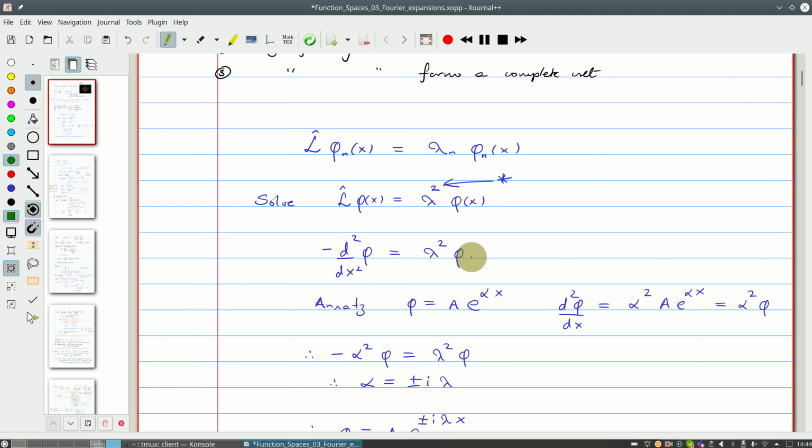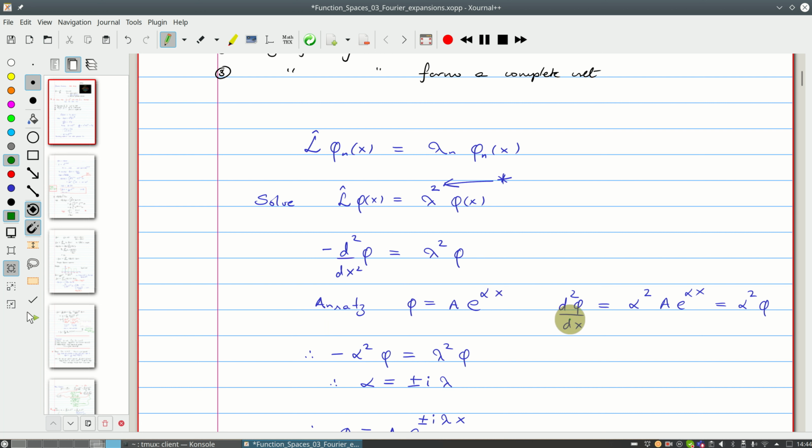And we haven't learned how to solve second order equations yet, but these kinds of equations with constant coefficients, where the coefficient of the derivative term is just minus 1 and the coefficient of the function term is lambda squared, another constant, can be solved by using the ansatz, or the guess, phi is equal to a times e to the alpha x.